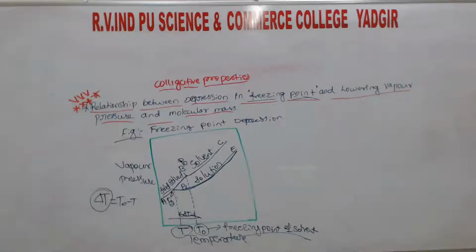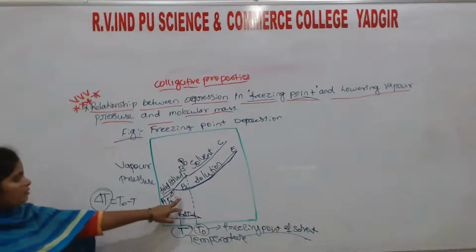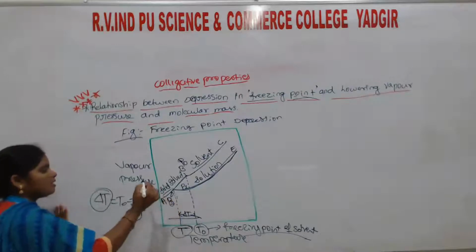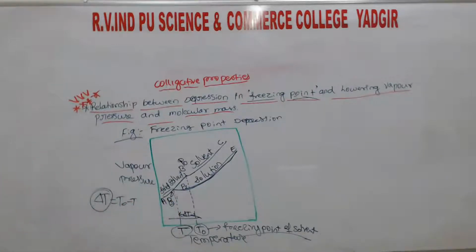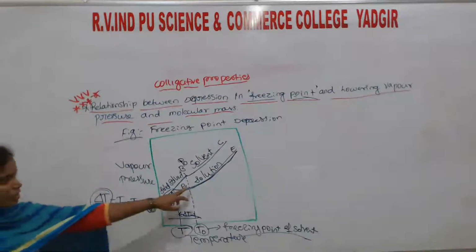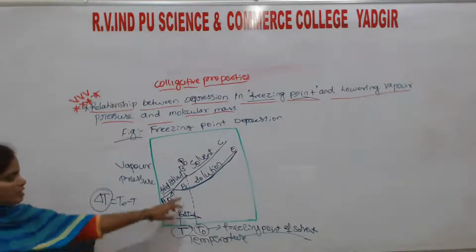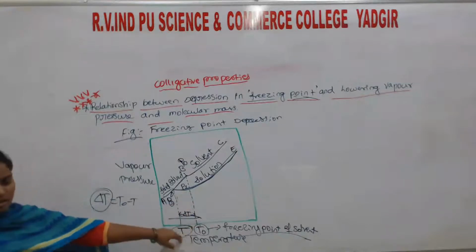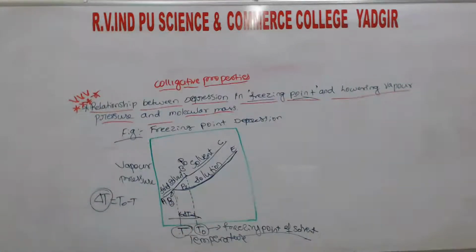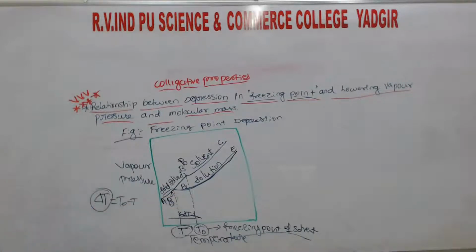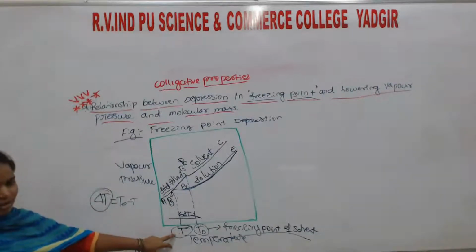It is evident that P1 is the vapor pressure of the solution at temperature T0, and P2 is the vapor pressure of the solution at temperature T.